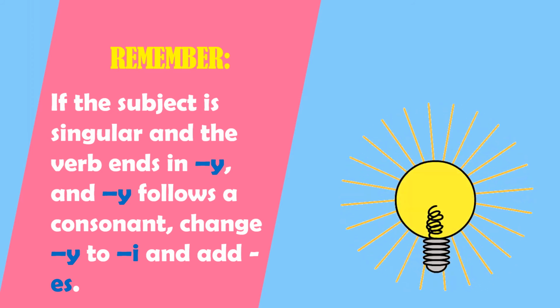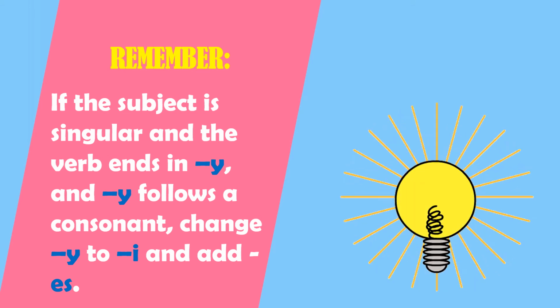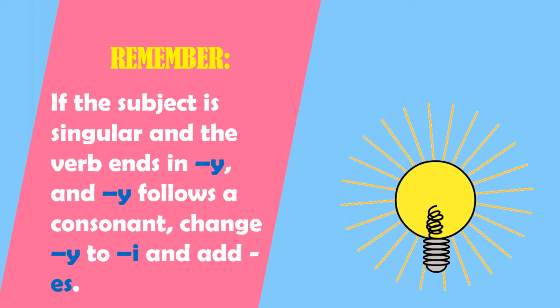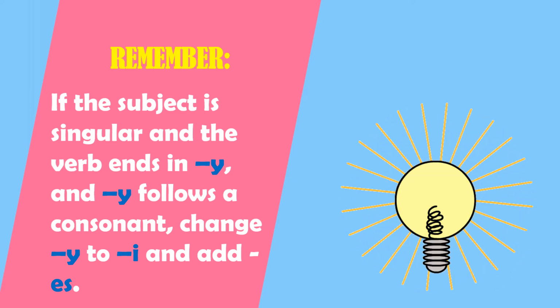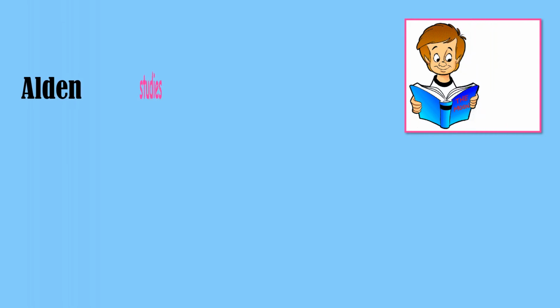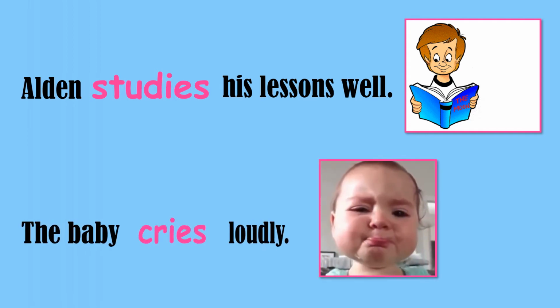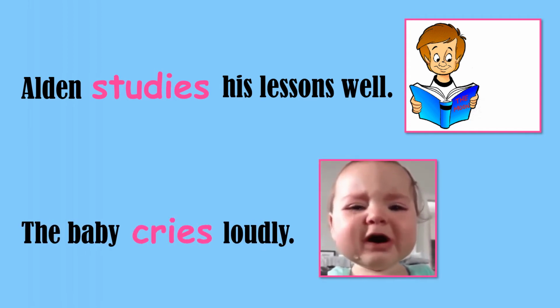If the subject is singular and the verb ends in y and the y follows a consonant, change y to i and add es. Alden studies his lessons well. The baby cries loudly.